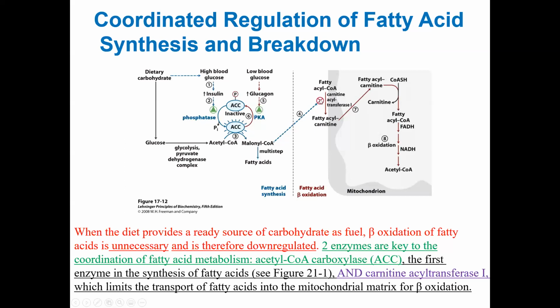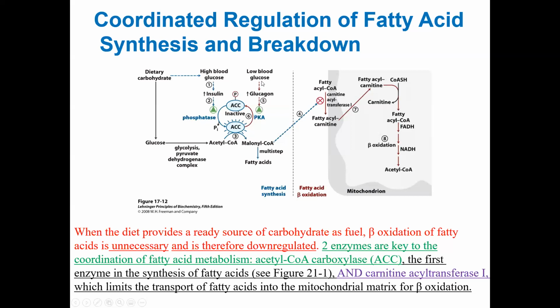That's why the red X: the first enzyme that is involved in bringing fatty acid into the mitochondria for beta oxidation, carnitine acyltransferase 1, will be inhibited by malonyl coenzyme A. And therefore, activated fatty acid will not be able to come inside the mitochondria for beta oxidation. So that step 4 will not happen. That's why the red X. So those are the two enzymes: acetyl-CoA carboxylase and carnitine acyltransferase 1.